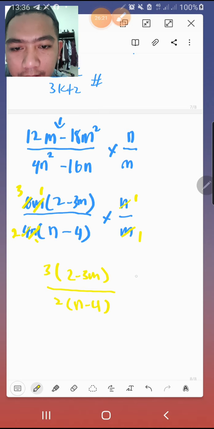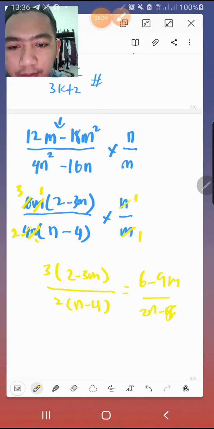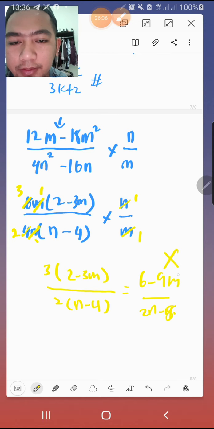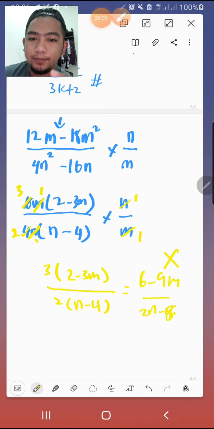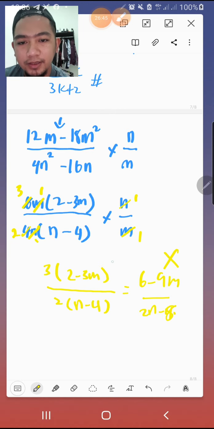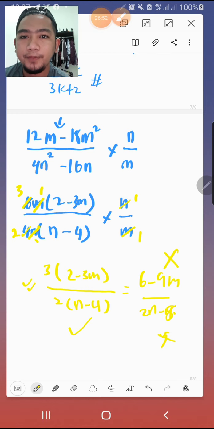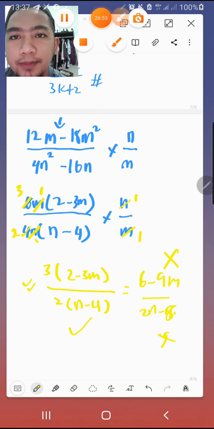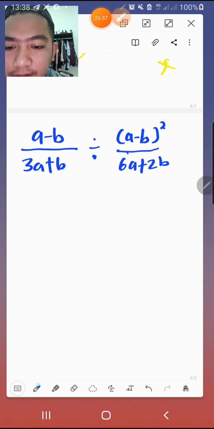If you answer like, and then you expand 6 minus 9m over 2n minus 8, this is the wrong answer because the question asks you to simplify. So simplify means you need to answer in factorization here. Okay, this one is wrong. This one is correct. Okay, so this is the last example.